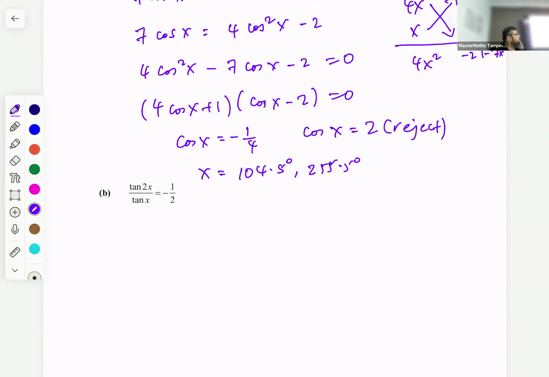Now, first cross multiply. So 2 tangent 2x is equal to negative tangent x, right? Then after that, for tangent 2x you have the formula.